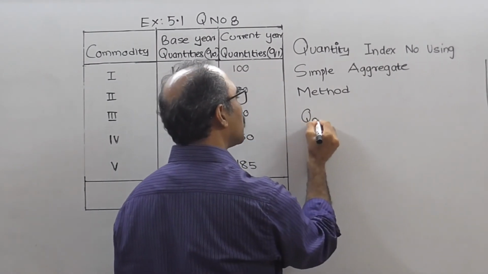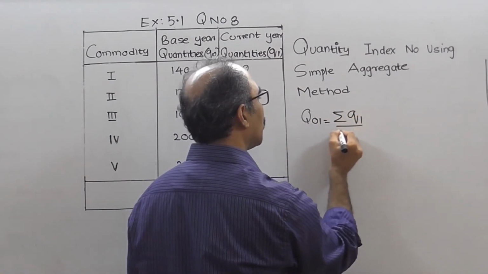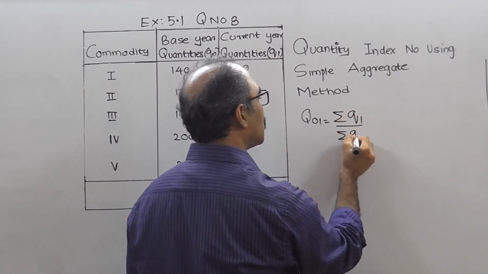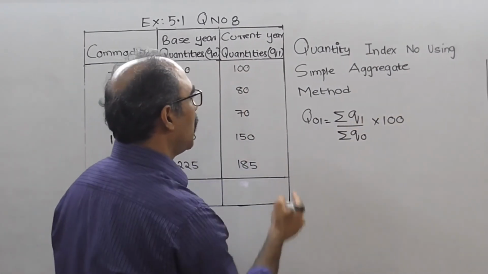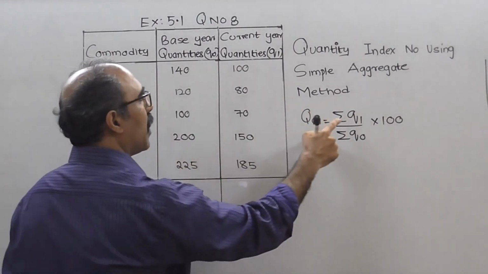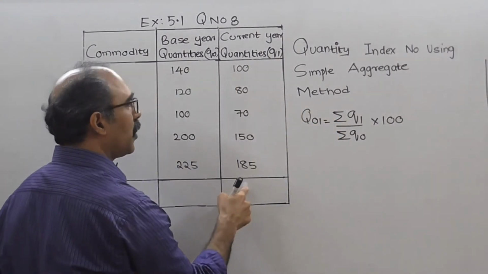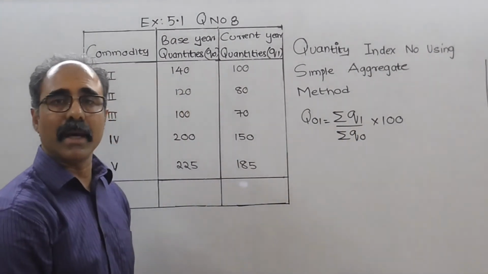The formula is Q01, which is equal to sigma Q1 upon sigma Q0 multiplied by 100. So if you have to find sigma Q0, you have to total Q0 column. If you have to find sigma Q1, total Q1 column, put it in the formula, multiply by 100, you get the answer.